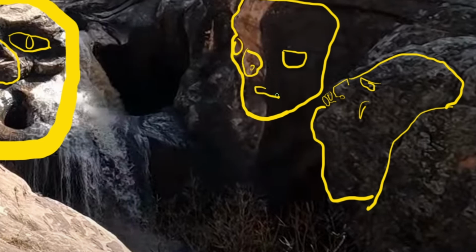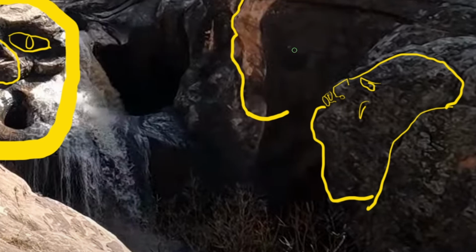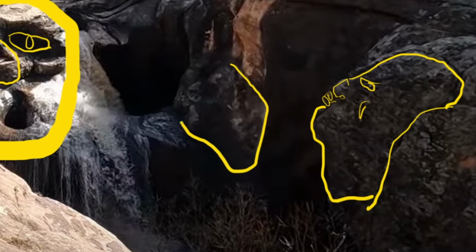Now, some of these images are really old. They're probably very faded. They've probably seen water erosion. They've probably been through a lot with this river.